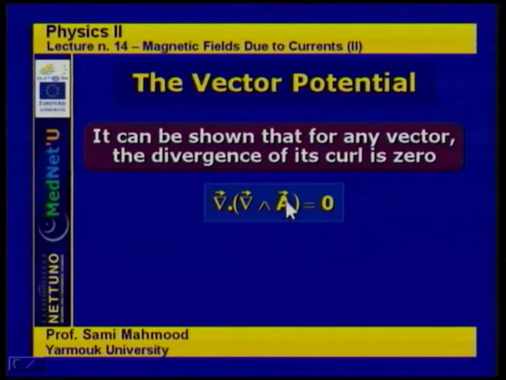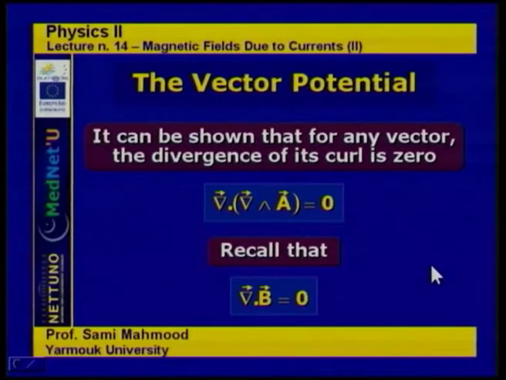So consider that we have a vector A, which is a general vector in space. The curl of that vector is a given quantity. The divergence of that curl is equal to 0. This is a general result of calculation. And we recall the divergence of the magnetic induction, div B, is equal to 0.